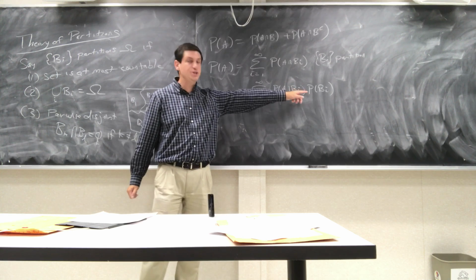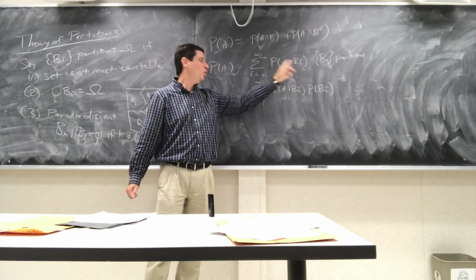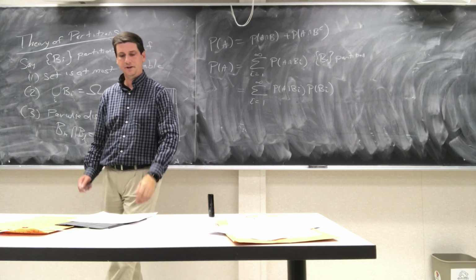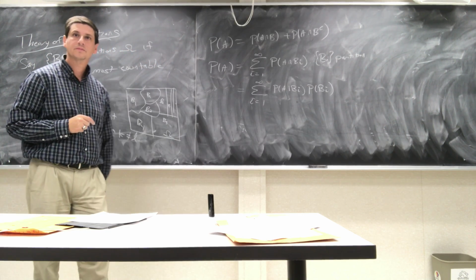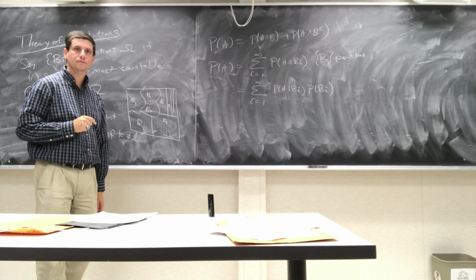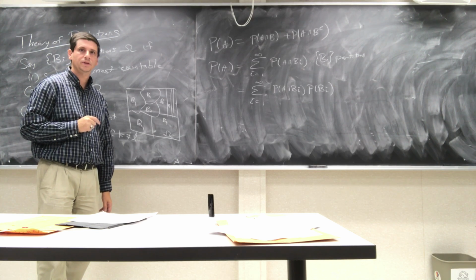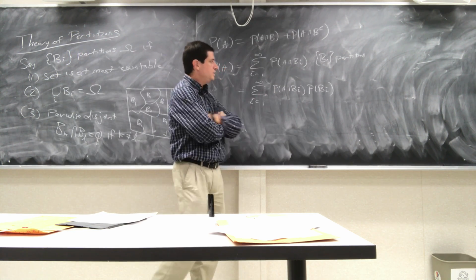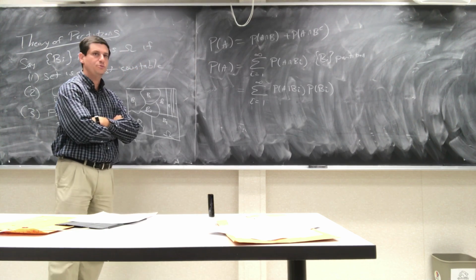What's the probability I'm in situation Bi? And then what's the probability A happens given that I'm in situation Bi? Okay? So this is a terrific way of calculating probabilities.